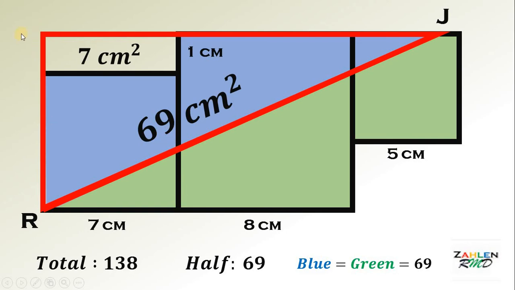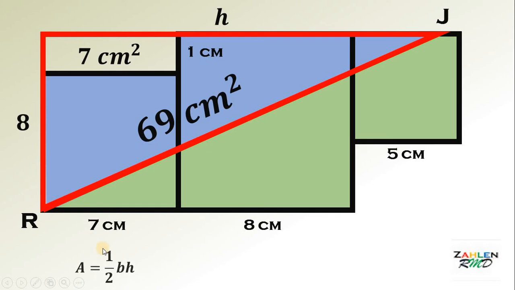Now we know that the length of this side is simply 8 centimeters, or the length of the side of the big square. And the question is, what is the length of this side of our right triangle? Since we don't know, let this side be equal to h. Now we will use the formula for the area of a triangle, which is equal to 1/2 times base times height. At this point, this 8 will represent the base and this h represents the height.